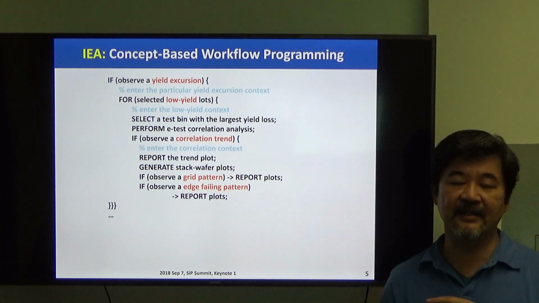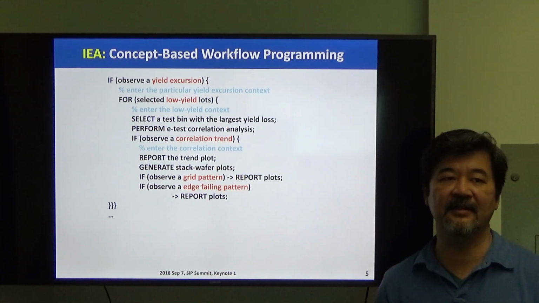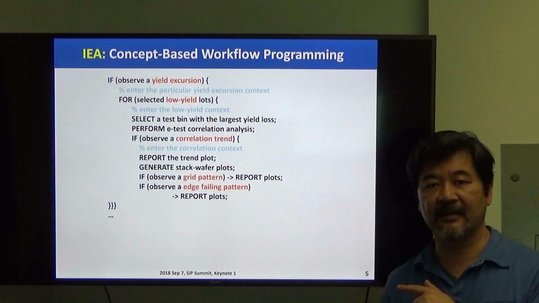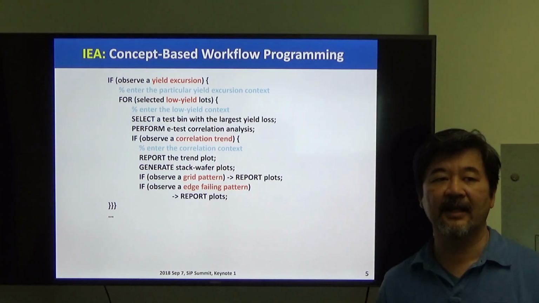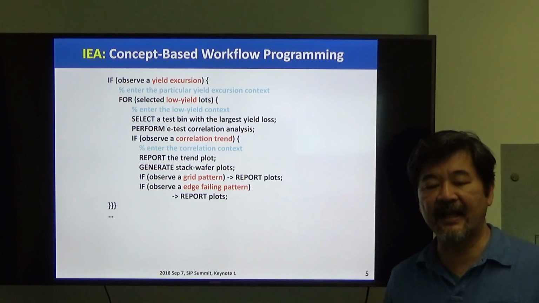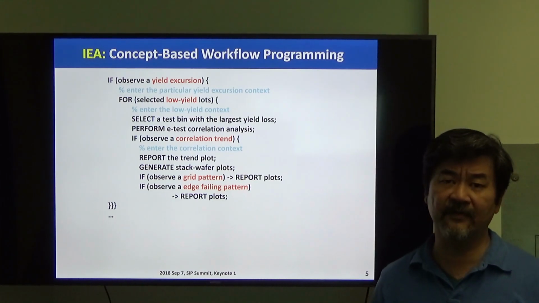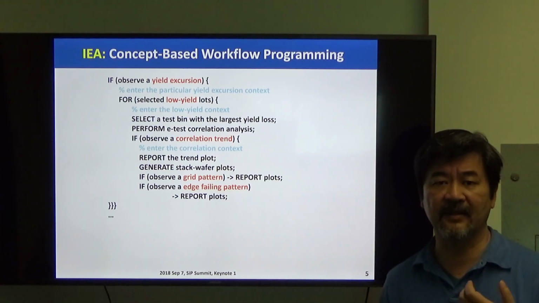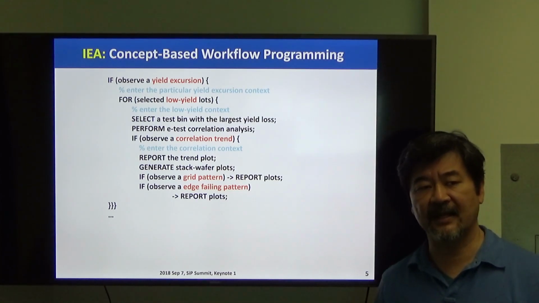Now you notice that there are a couple of concepts here associated with the if statements, marked in orange. In order to enable autonomous execution of such a workflow, you really need some automated way to decide on those concepts.